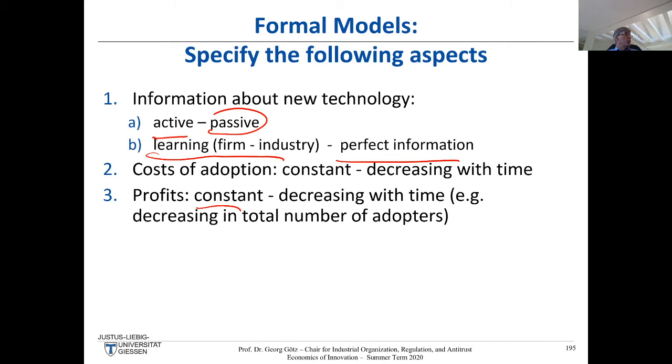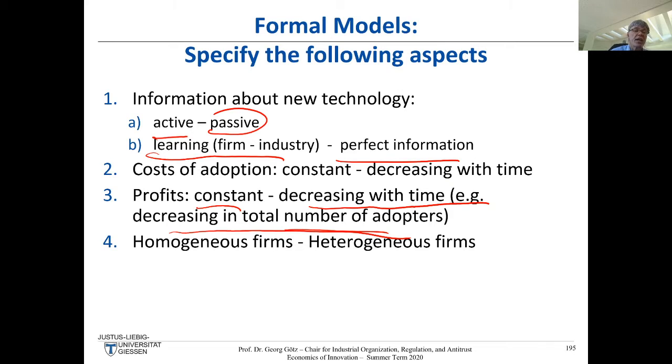But suppose you are a car manufacturer and all other car manufacturers implement lean production, or put robots into their assembly lines, then they will have a cost decrease, and if you don't do anything, your profits will be lower. The more rivals have adopted these new technologies, the lower your profit will be.